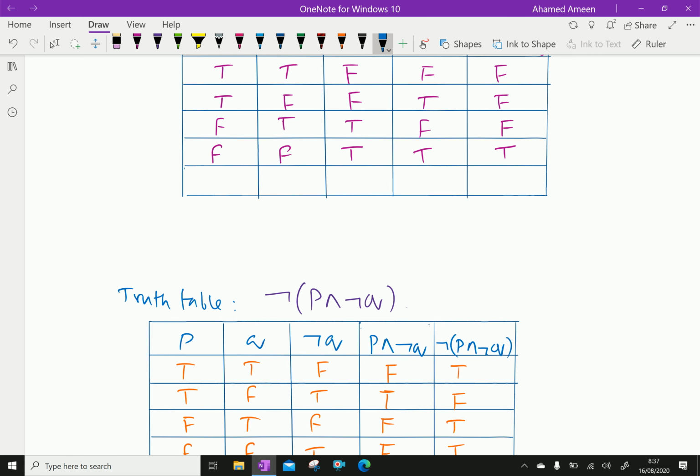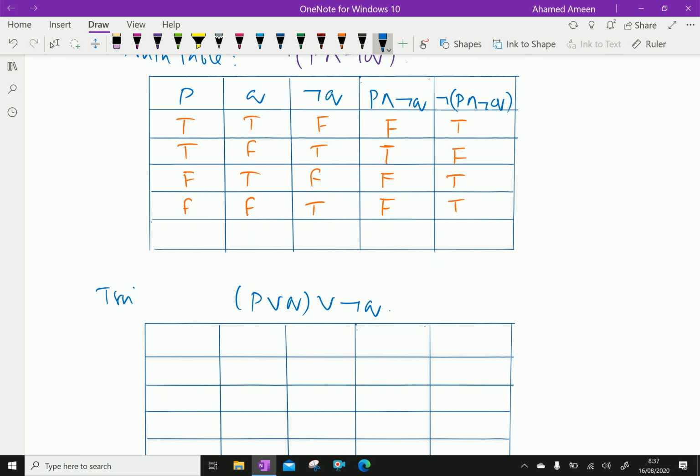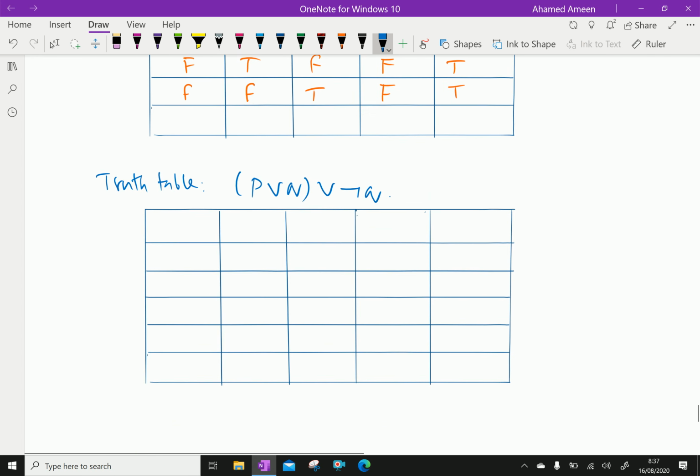Truth table. Here let us fill the columns: P, Q, then we need P disjunction Q, negate Q, and P disjunction Q disjunction negative Q. Now let us fill the table.